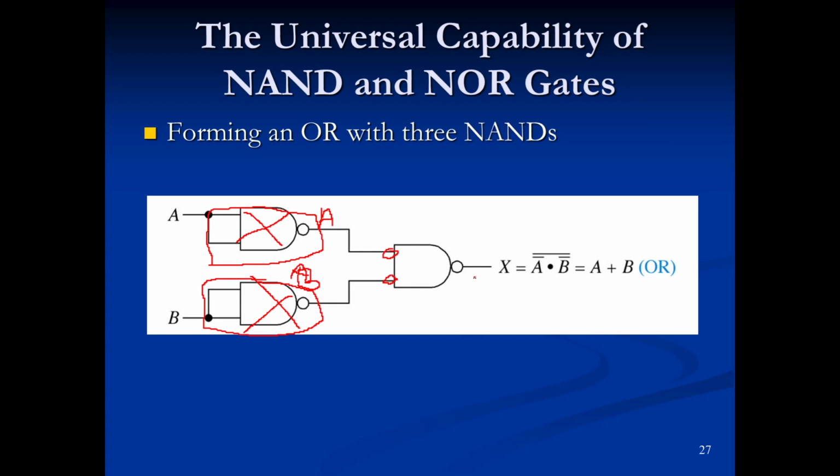But then you notice all 3 points on this NAND gate here now have bubbles on them. So we can apply DeMorgan's, flip the AND to an OR, and then eliminate those bubbles. And now you're left with just a simple OR gate.